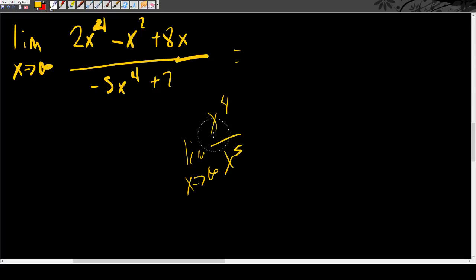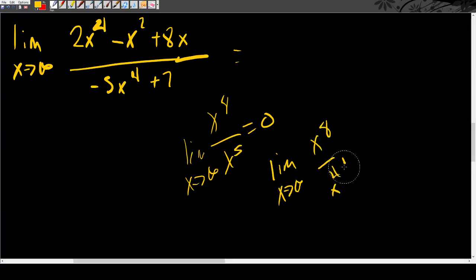Once you simplify, you subtract: 4 minus 5 is negative 1. So x to the negative 1, which is 1 over x. So this approaches 0, obviously. Limit as x approaches infinity of x to the fourth over x to the fourth. What you do here is x to the fourth minus 4, which is x to the 0, which is just 1. So your answer here is 1.